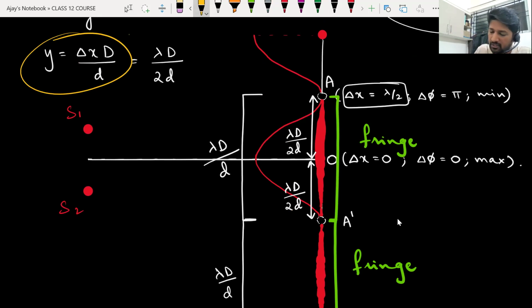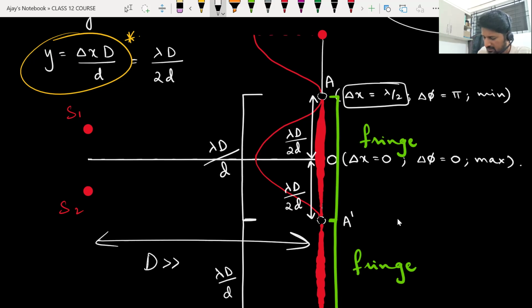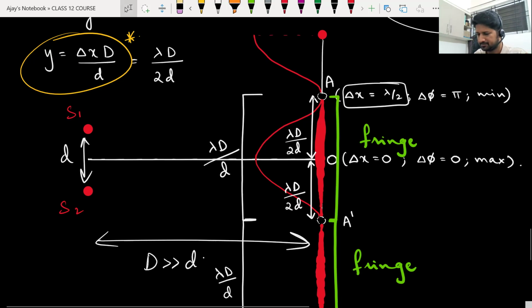This relation is valid only if the distance from sources to the screen, capital D, is much greater than the distance between the sources, small d. So if you place the screen significantly far away from the sources, then you will see fringes having equal width. That's the idea. Clear?